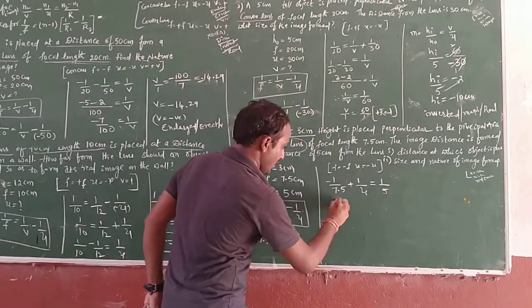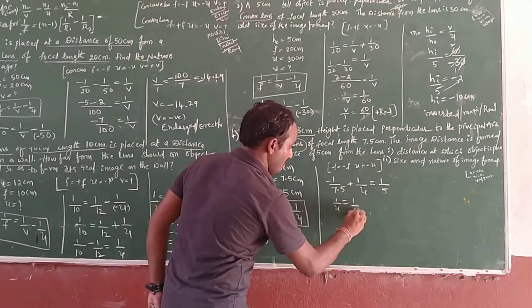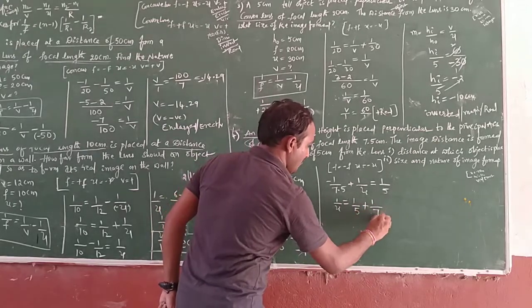We take the right side: 1 by u is equal to 1 by 5 plus 1 by 7.5.